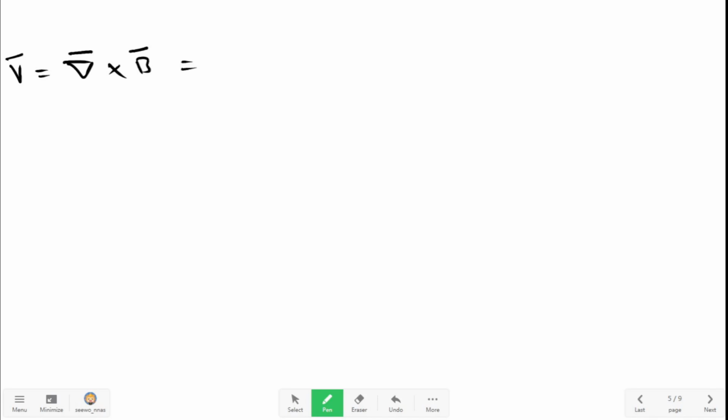is equal to 1 by r square sin theta. When you multiply h1, h2, h3, you will get r square sin theta.